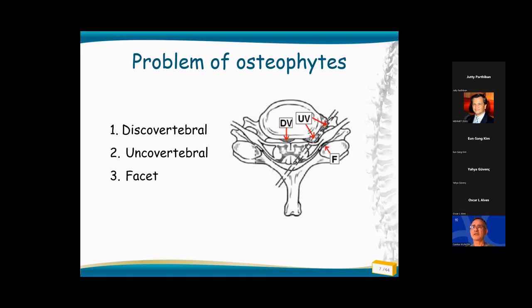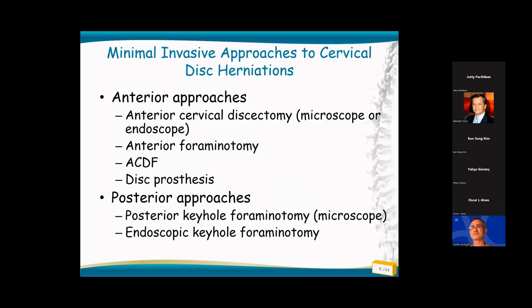In daily practice, I see that most radiculopathy is caused by osteophytes or foraminal narrowing rather than soft disc herniations. Sometimes they are combined lesions, so we need to think about the osteophytes.